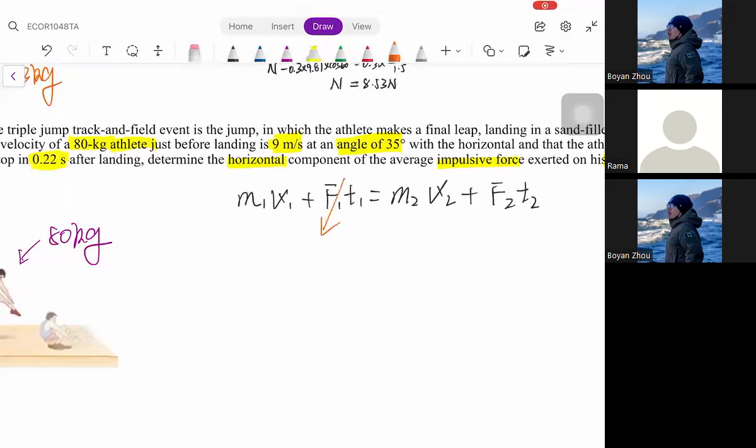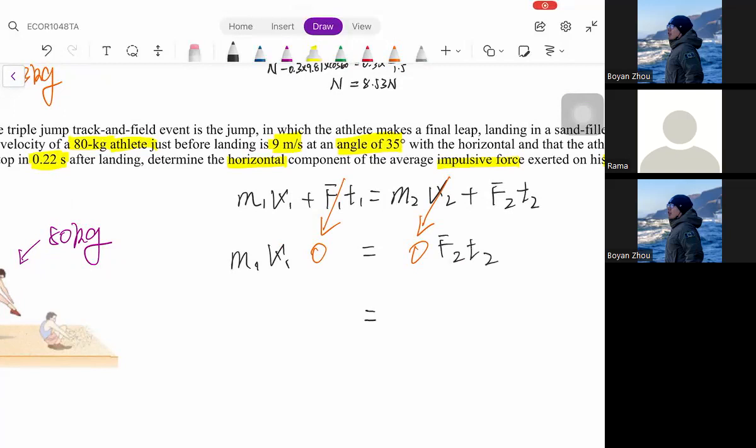At this moment, there isn't any force, so the impulse term is going to be 0. After he landed, since he's just sitting in the sand, the velocity becomes 0. So we have two terms eliminated, and the equation becomes more simple.